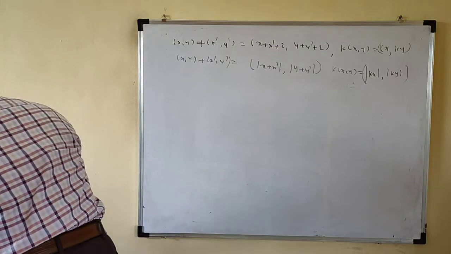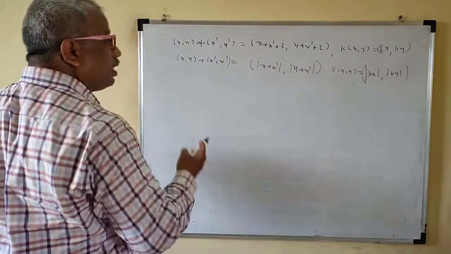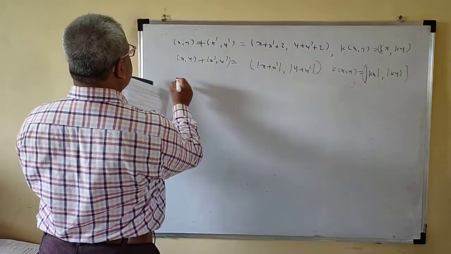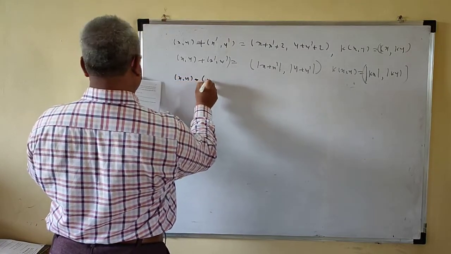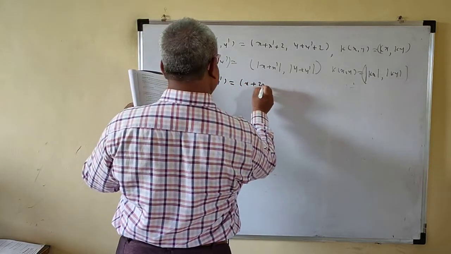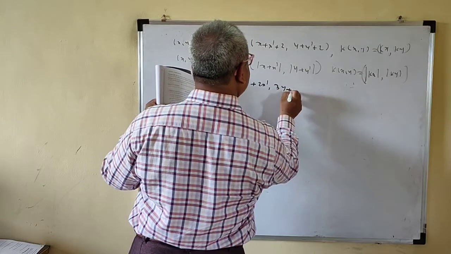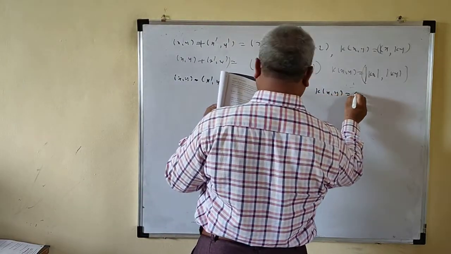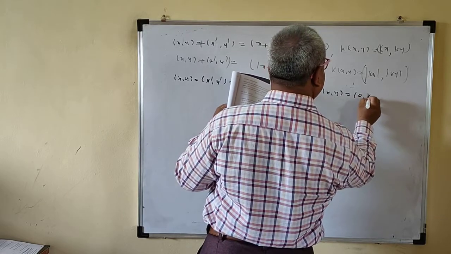I am writing the examples and I will discuss whether they are vector spaces or not. Then (x, y) + (x prime, y prime) = (x + 2x prime, 3y + y prime), k(x, y) = (0, ky).